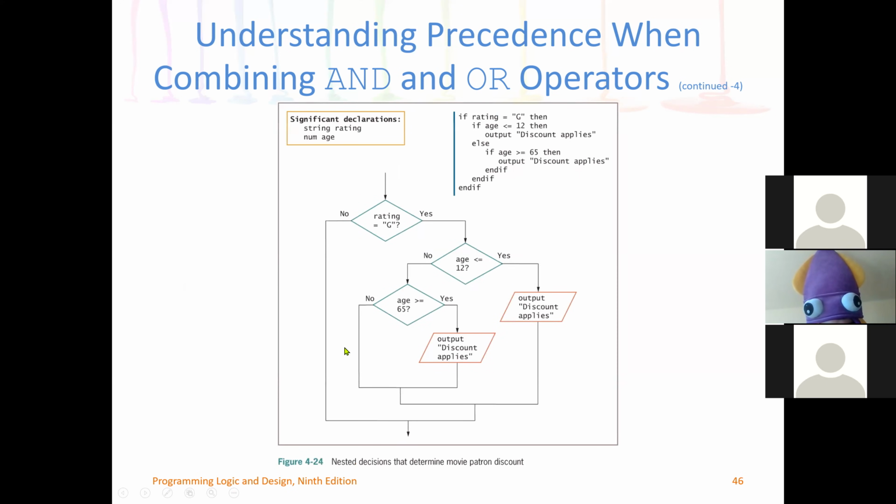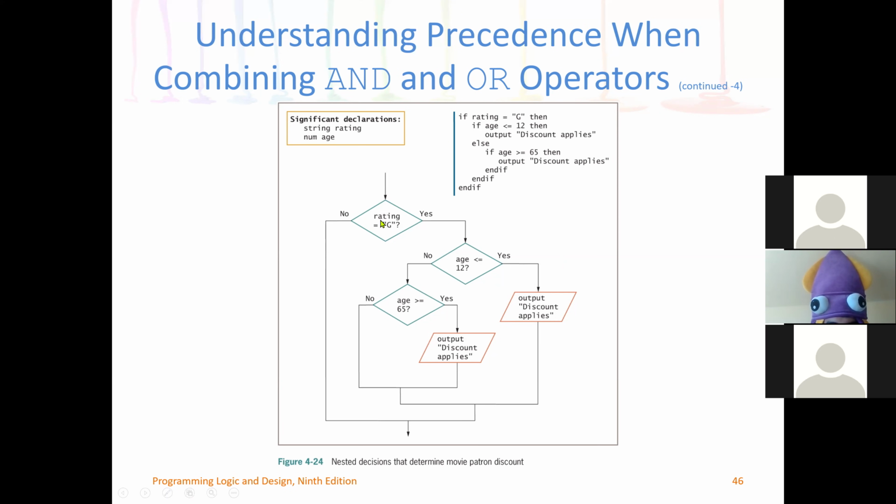So that's the example here. We have a condition. If it's true, we have another condition. If it's true, then do something here. If it's false, check another condition before you do something. But if the first condition is false, don't do anything at all. So this is the same as the previous example we have with the and or condition.